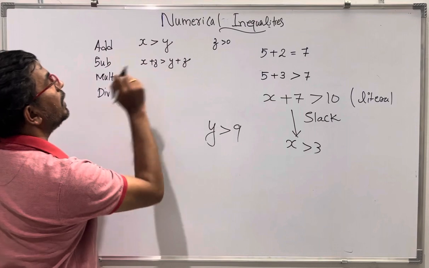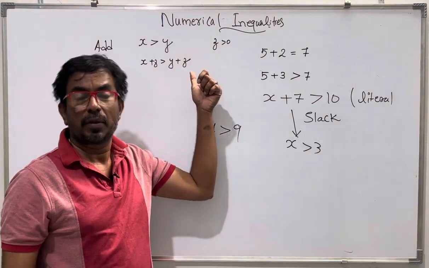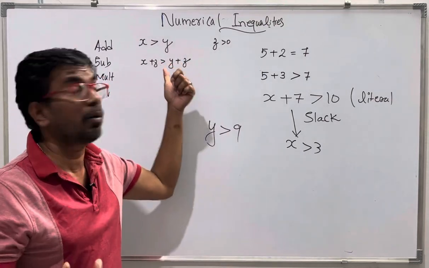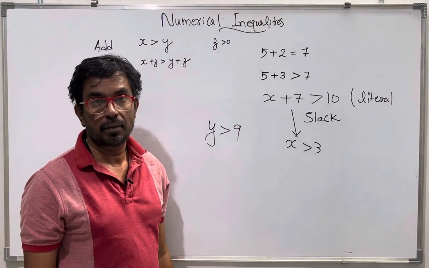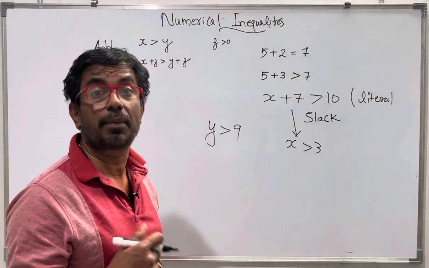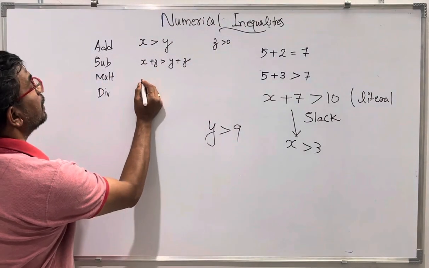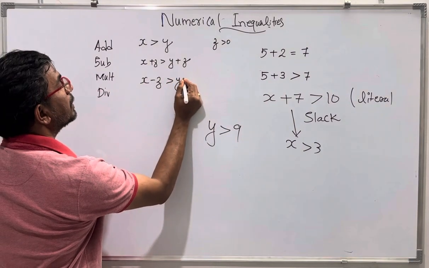This is about addition. That means if you add a positive number, it can be a negative number also, on both sides of the inequality, the sign doesn't change; it will stay as it is. Can it change? Yes, there is a place where it changes. We will think about that later. For subtraction, if I do x minus z, that will be greater than y minus z.